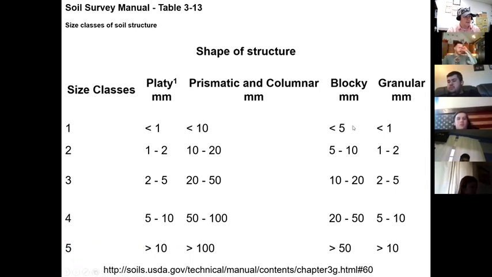So, like I said, don't really worry about this too much. You'll notice that the blocky stuff is pretty big, so 50 millimeters, and the prismatic and columnar stuff is pretty big as well. But I don't even know this stuff, to tell you guys the truth, so I don't expect you to either. But there are different size classifications for prismatic, for blocky, for platy.